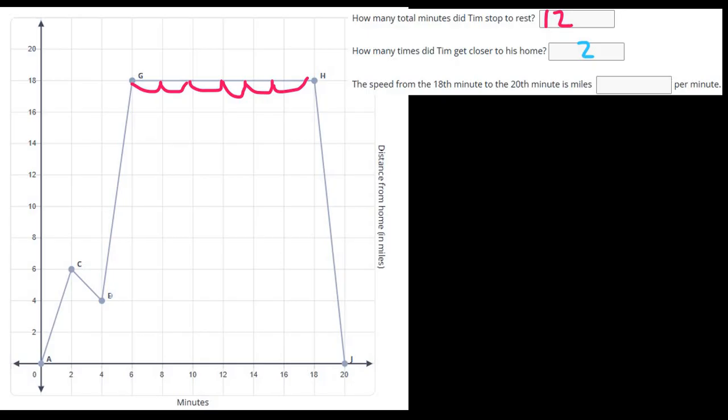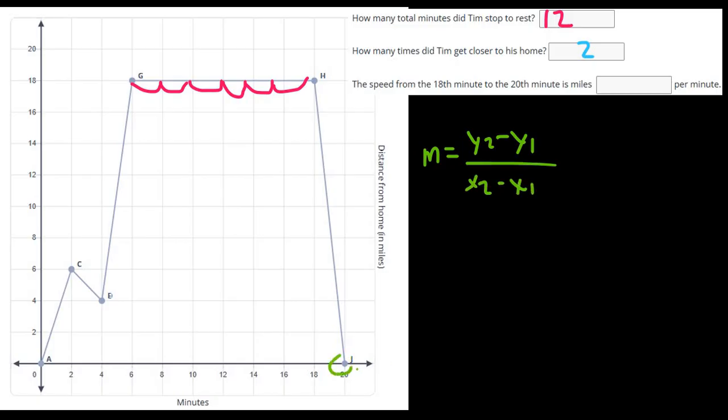And then we want to find out the speed from the 18th minute to the 20th minute. Well, here's minute 18, and here's minute 20 way down here. So we're just going to look at the differences. This is the slope equation, really. Here's your slope formula: y sub 2 minus y sub 1 over x sub 2 minus x sub 1.